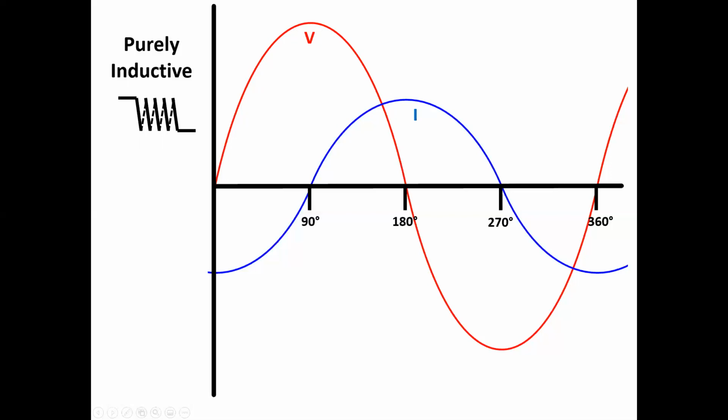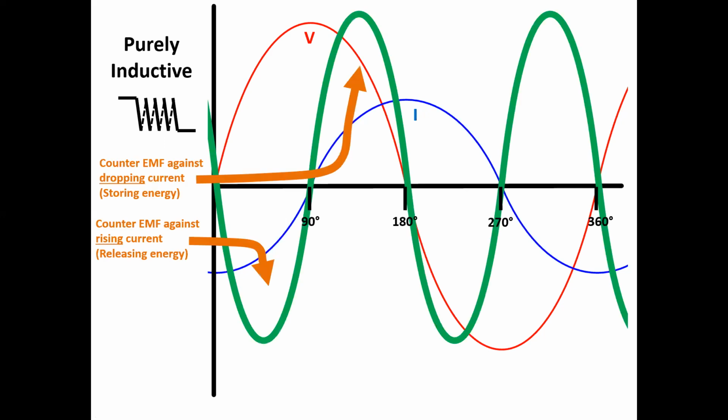When we start looking at power with a purely inductive circuit, we are looking at the peak value of voltage, and at that same time, what is the peak value of current? So let's take a look at where we get these powers occurring.